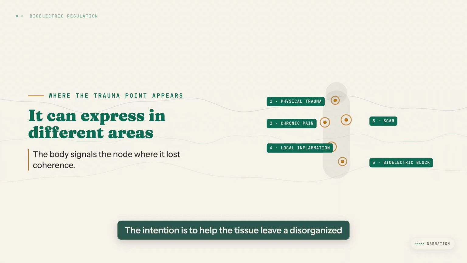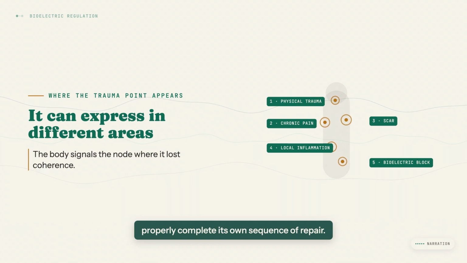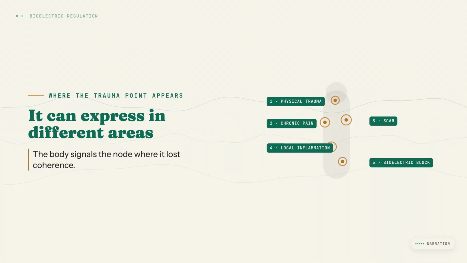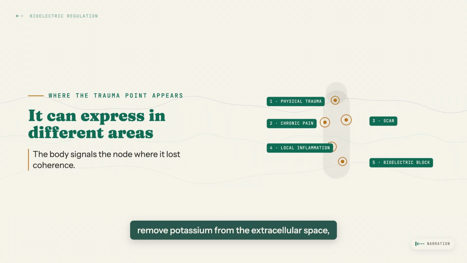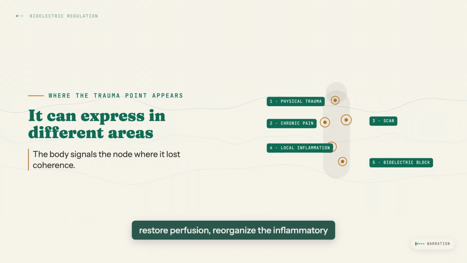The intention is to help the tissue leave a disorganized state, recover communication with the whole, and properly complete its own sequence of repair. Repair needs to reverse that condition, remove potassium from the extracellular space, restore perfusion, reorganize the inflammatory response, and allow the cells to coordinate again.